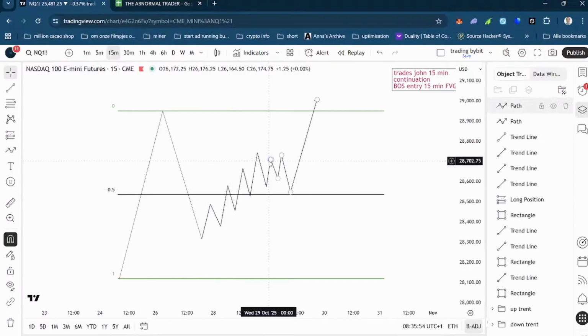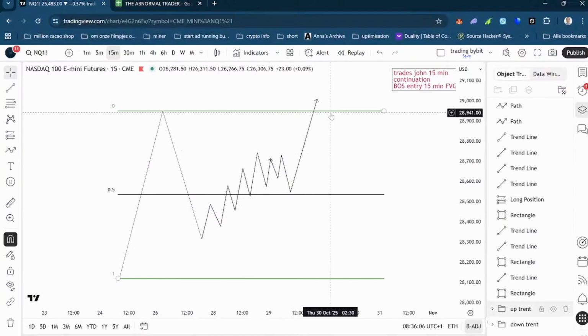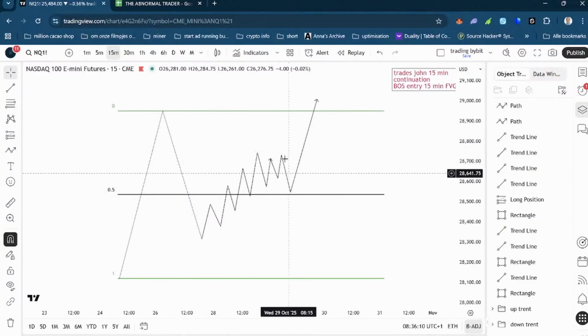And once we see a displacement, or a manipulative move to the downside here, this is where people get trapped, and this is for us to recognize, because the higher time frame shows that we are moving up. This is why we do not short at this level.